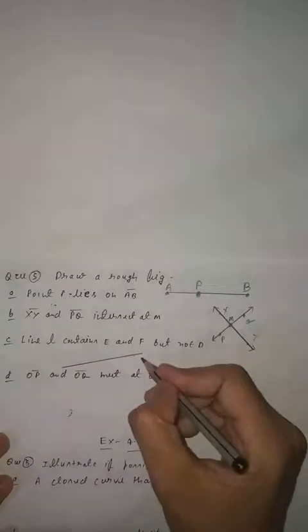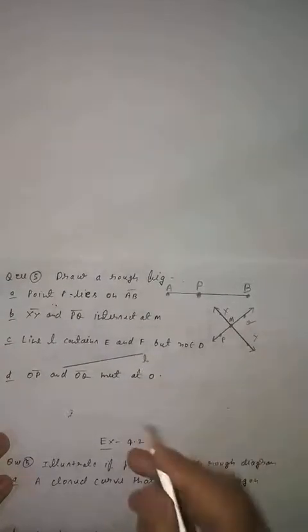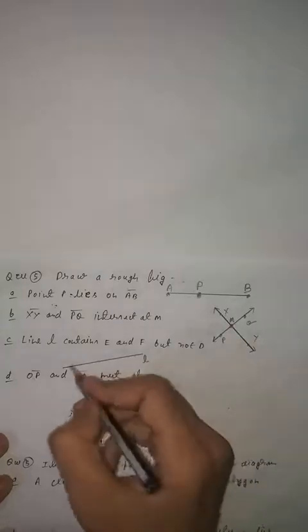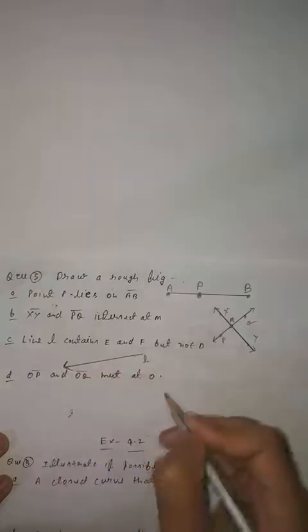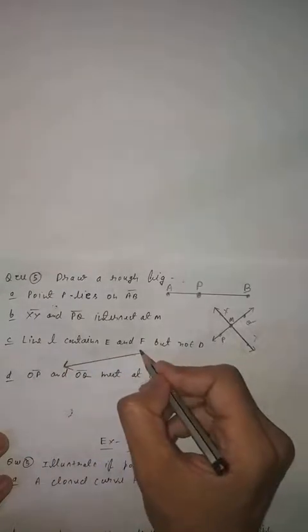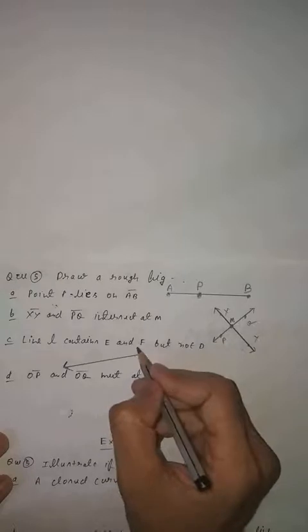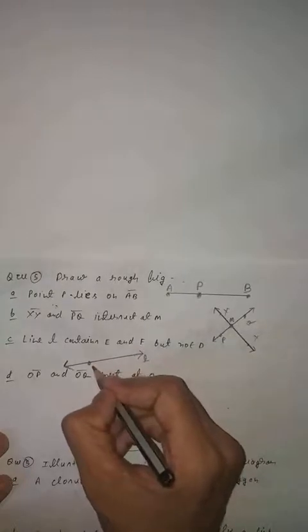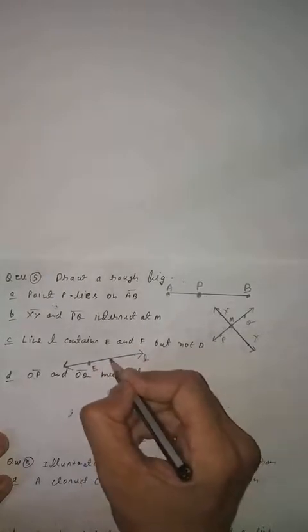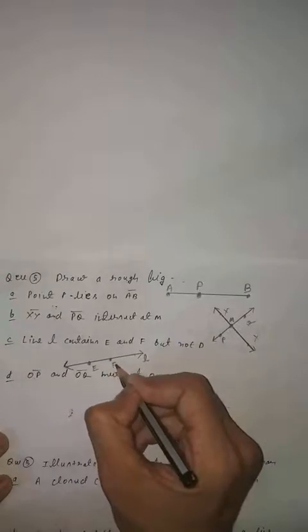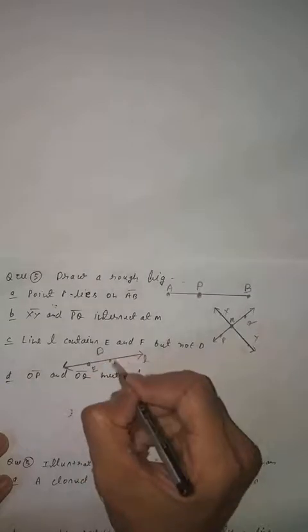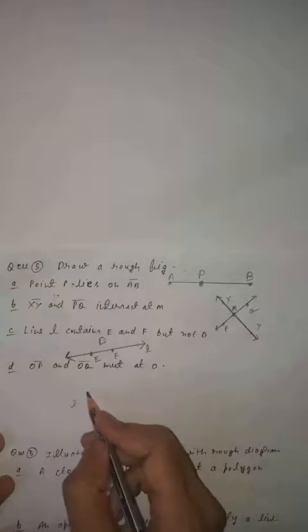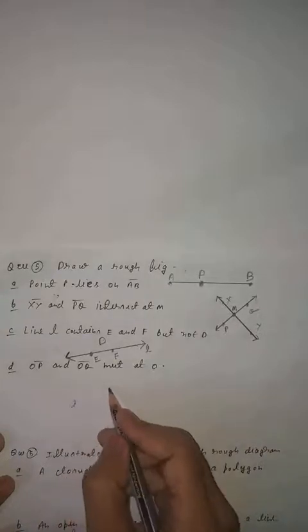Line L, you can give the name L, containing E and F. So E and F you can mark here, E, F. But what is given? But not D. Yani D anywhere outside. Here also you can mark D here, here. It depends on you.